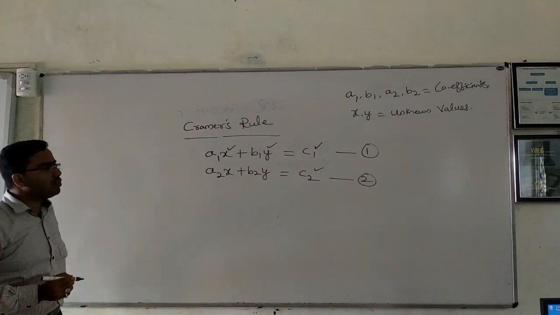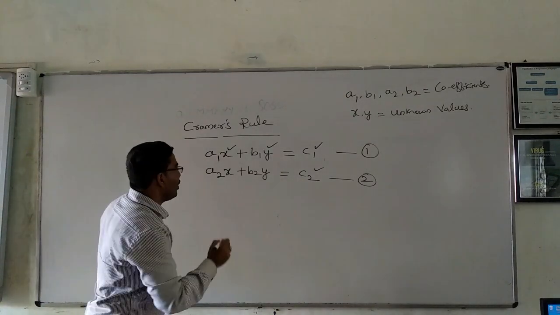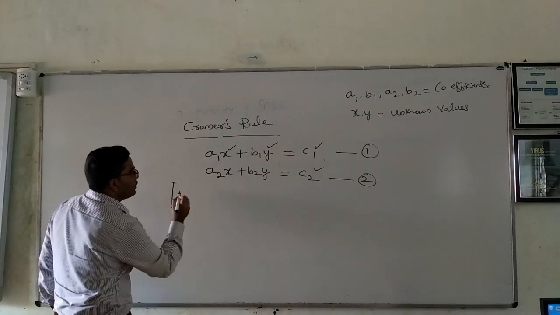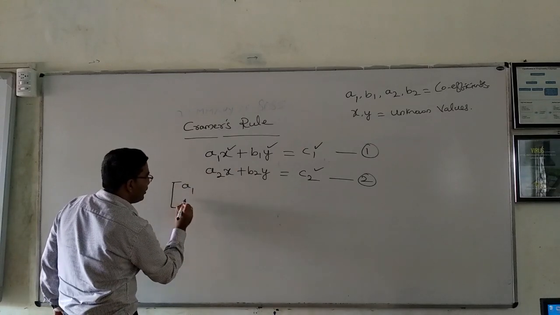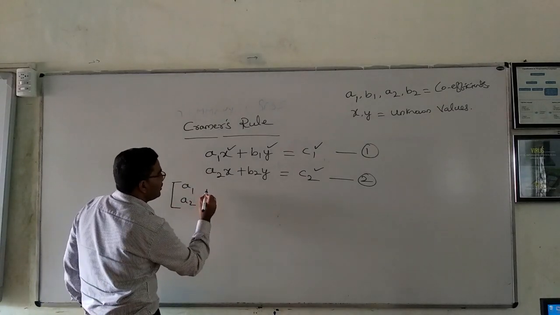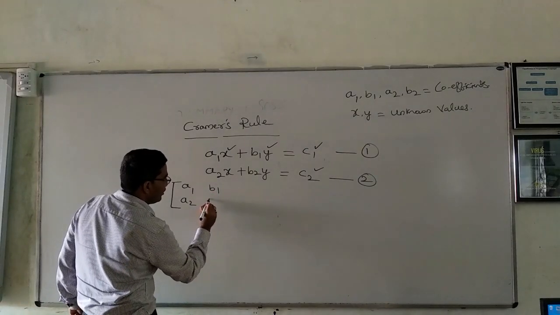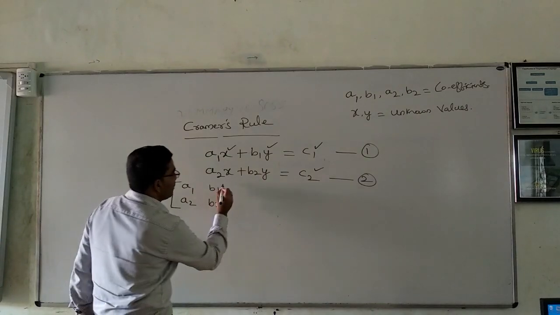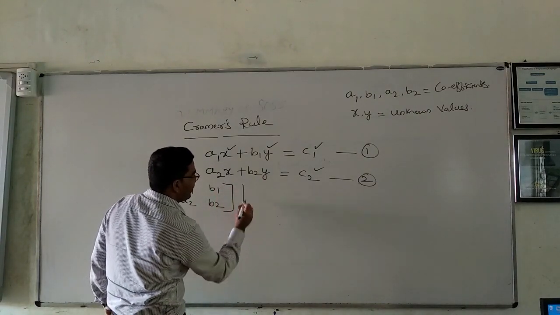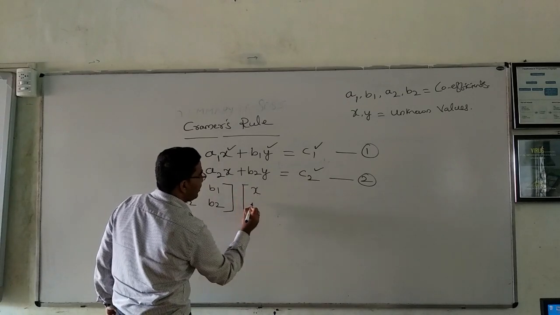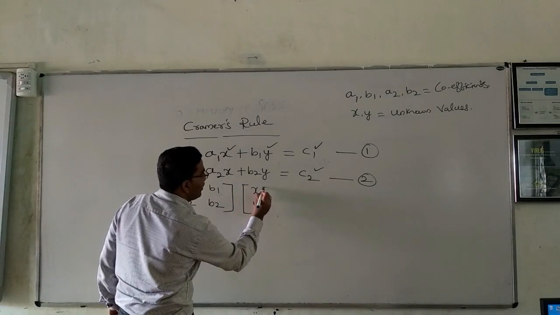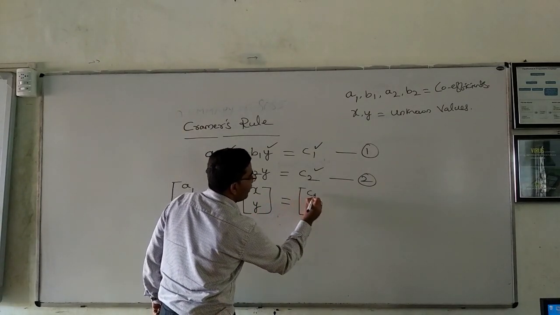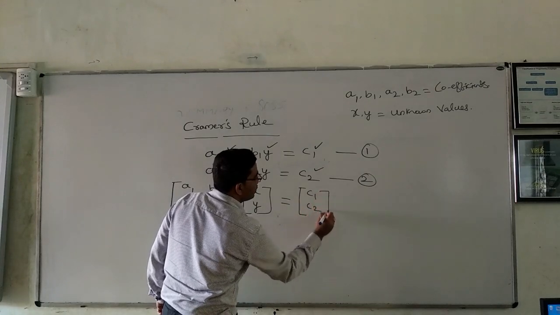First, with the help of matrix form, I will represent these linear equations. a1, a2, then b1, b2, multiplied by the unknown values x and y, is equal to c1 and c2.